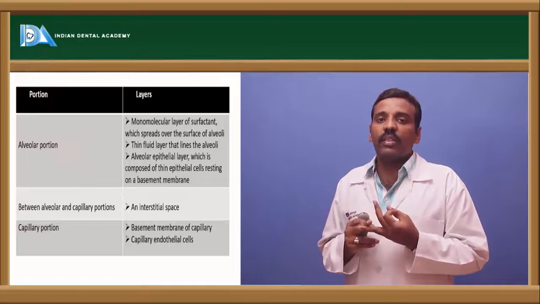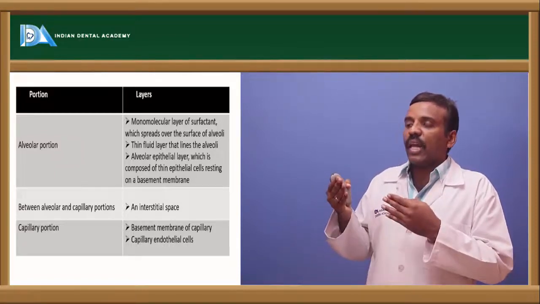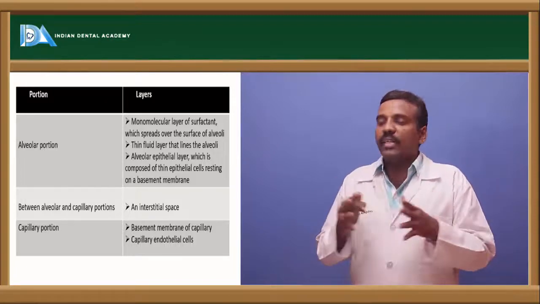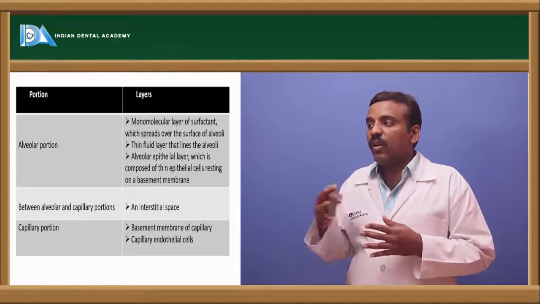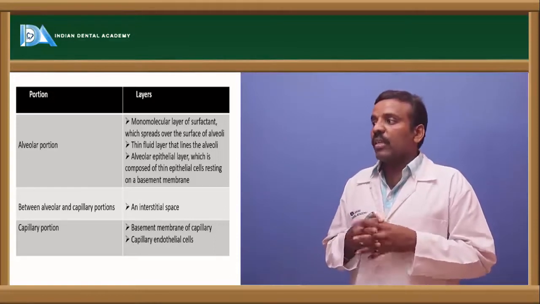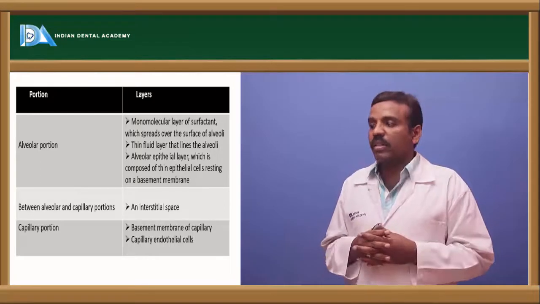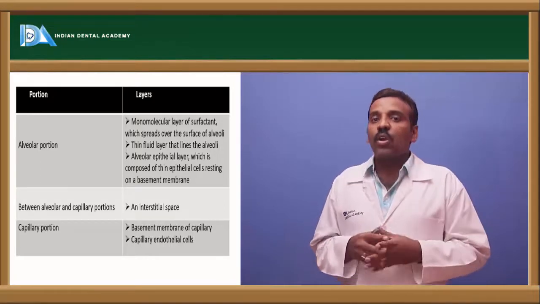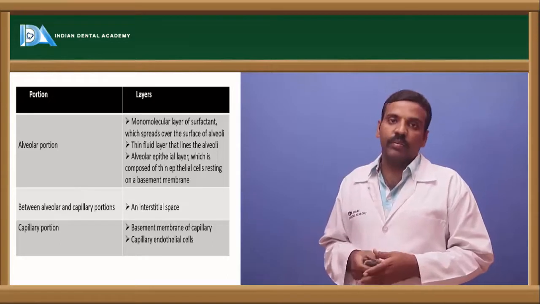Three layers are present in the alveolar portion. In between the alveoli and the capillary, the interstitial space is present. Next, in the capillary portion, the basement membrane and the capillary endothelial cells are present. Totally six layers are present in the respiratory membrane.